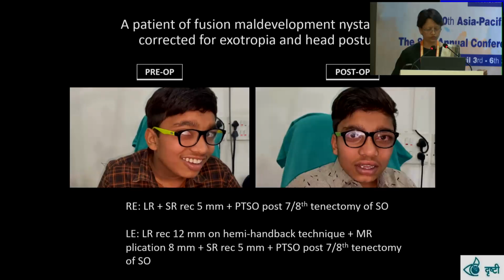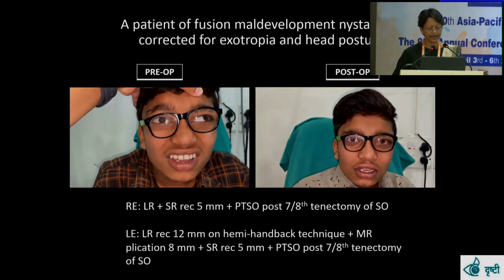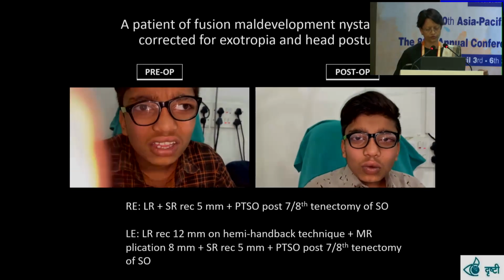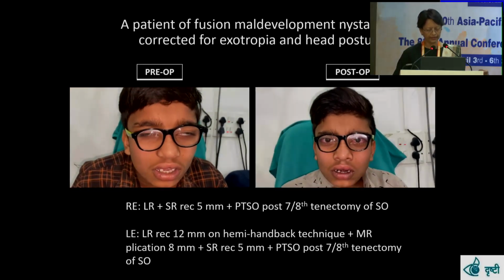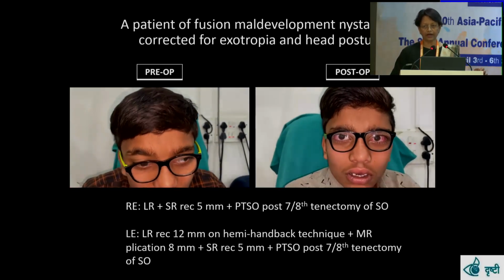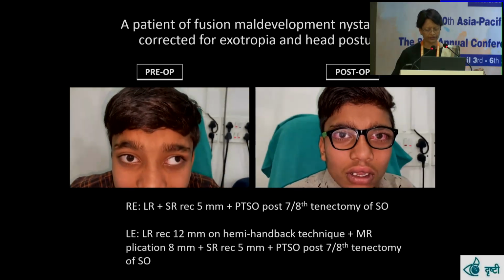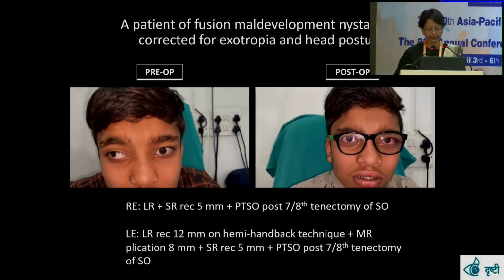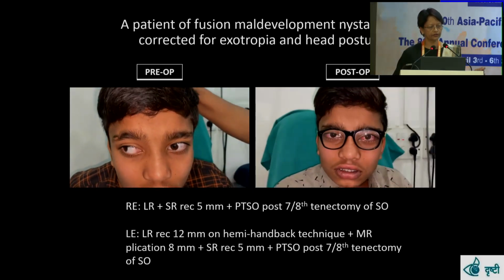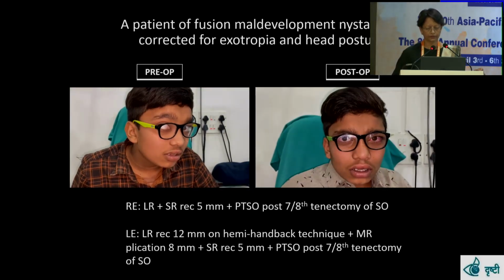So he underwent in the right eye LR recession with SR recession with PTSO, and in the left eye we did an LR recession of 12 mm, MR plication of 8 millimeters, SR recession of 5 millimeters, and PTSO. So that corrected his head posture as well as his exodeviation significantly.